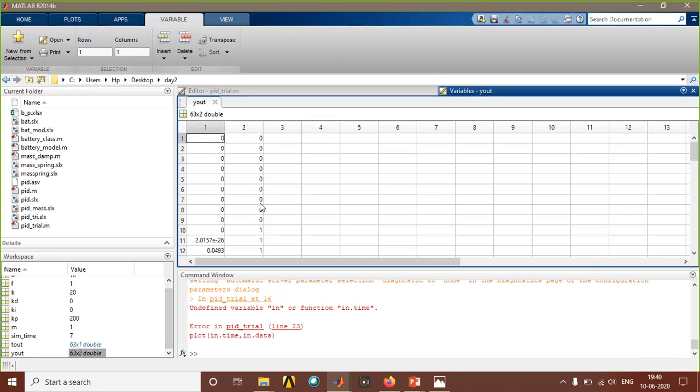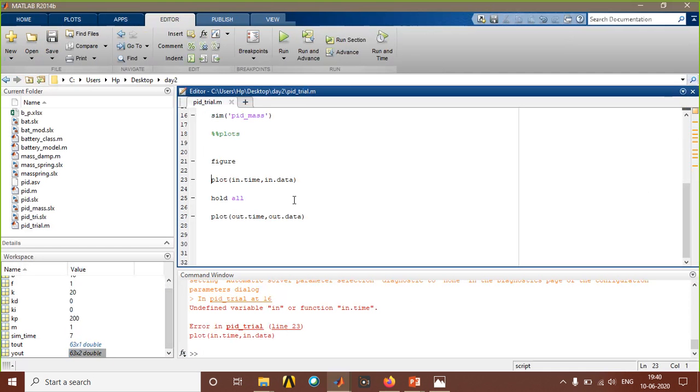We'll have two things here. No, hold all means I want to plot two plottings in the same image. Okay. Undefined variable or function in dot time.